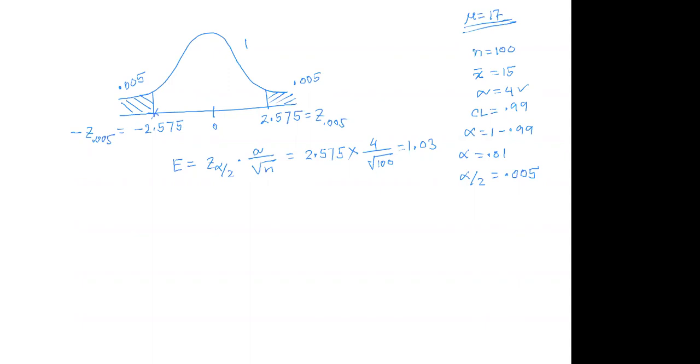Now, let's go ahead and do this. Margin of error, we found it. Now, confidence interval, CI, is going to be X bar plus or minus the margin of error.